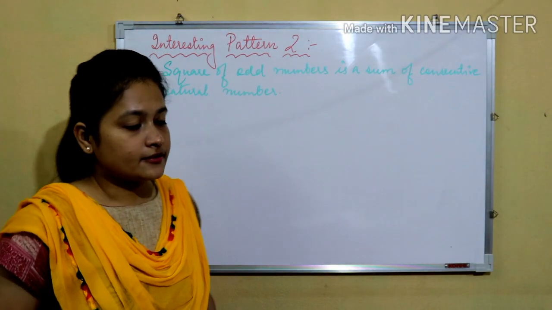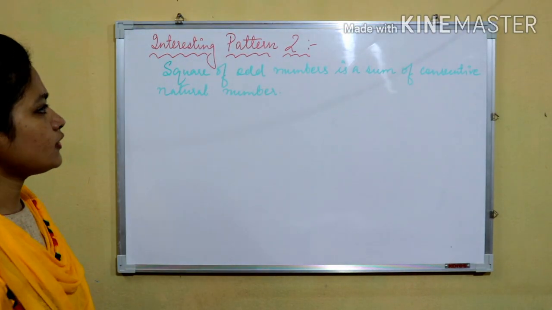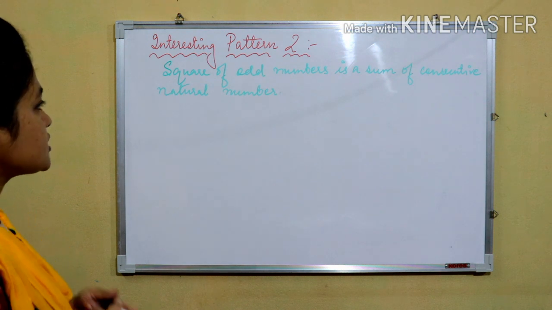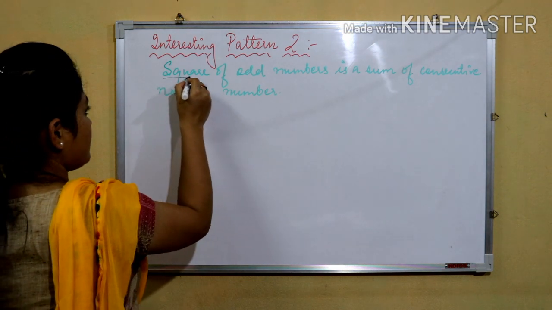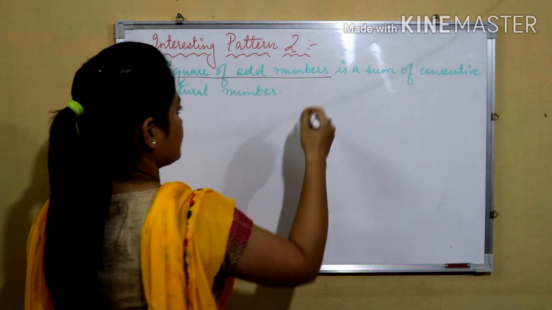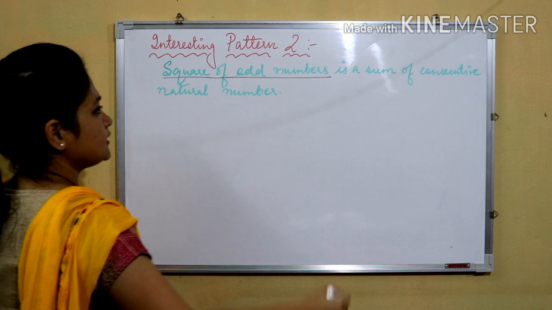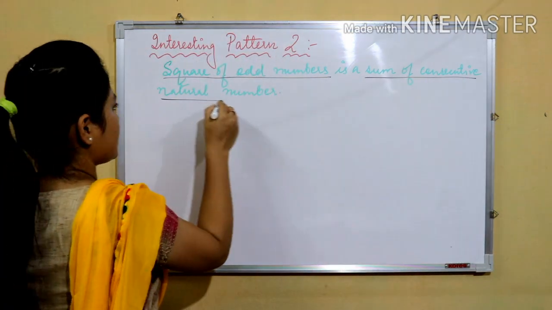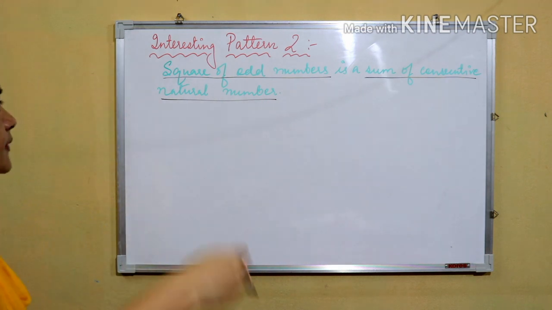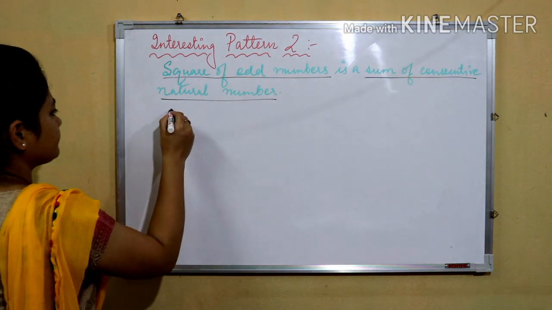Next interesting pattern: square of odd numbers is a sum of consecutive natural numbers. Let me explain this with an example.